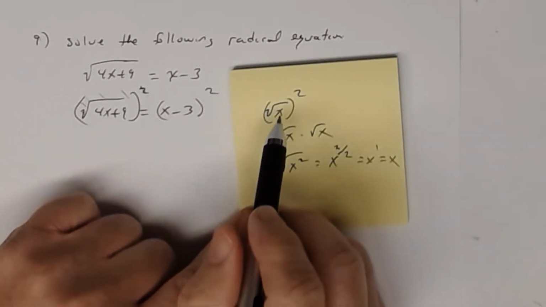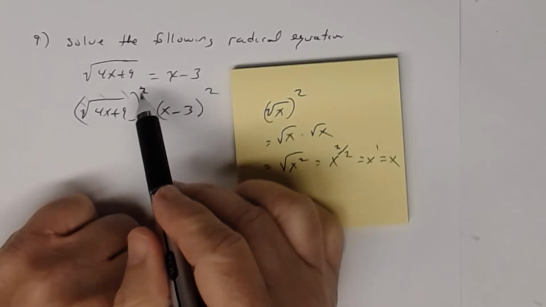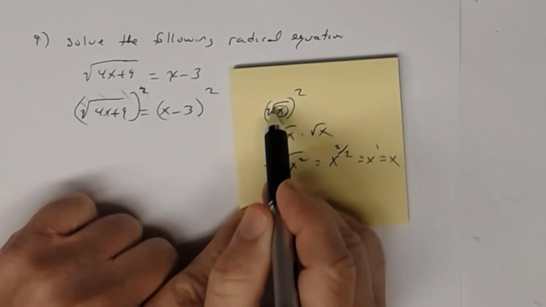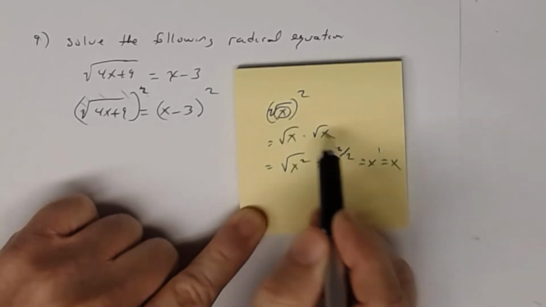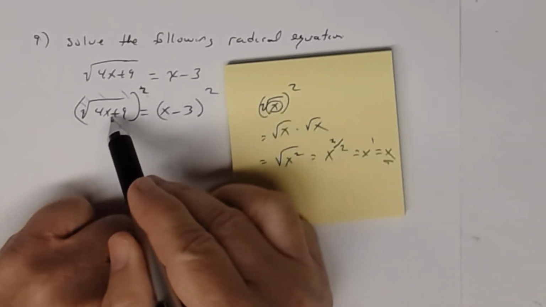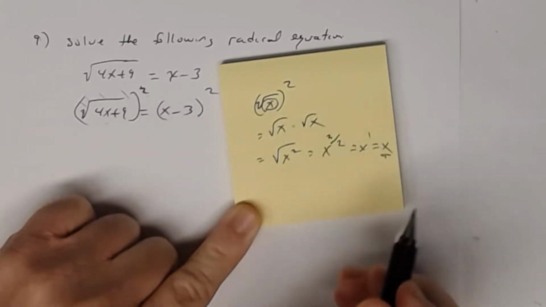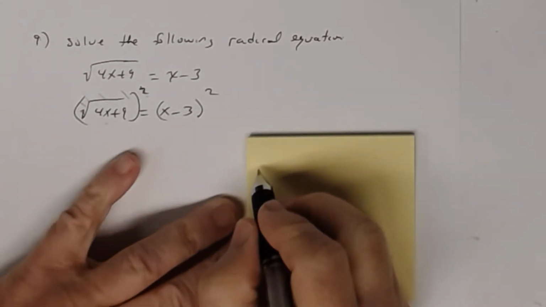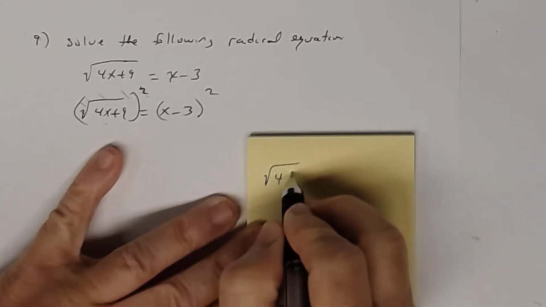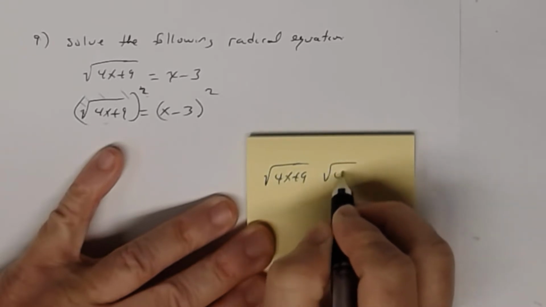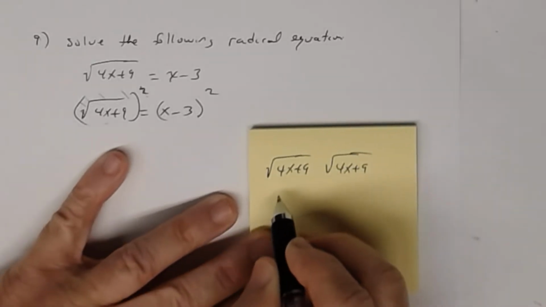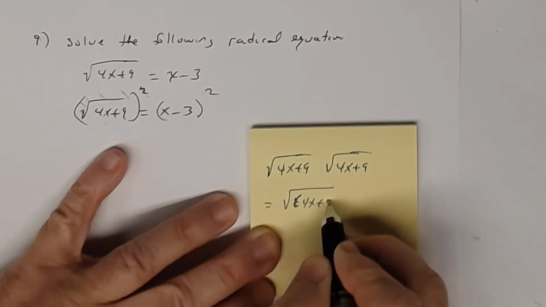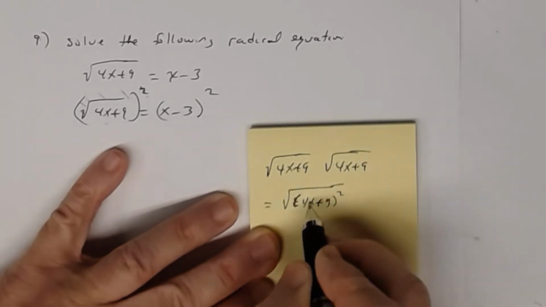And so the idea is that when you square a square root, they undo each other. So basically what you're left with is the radicand. And so you see that the radicand here is what you ended up with here. So basically what you have left then is 4x plus 9. All right, so that same idea. You see where you had that square root of 4x plus 9 times itself, like this. Mathematically, this means the square root of, in parentheses, 4x plus 9 squared, because this times this is this squared.